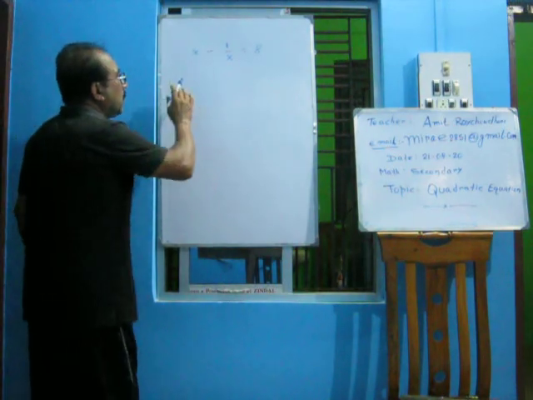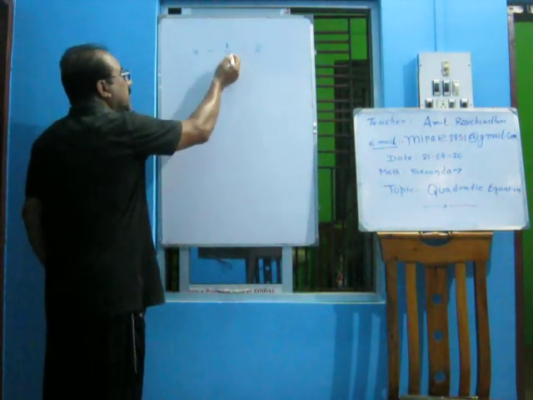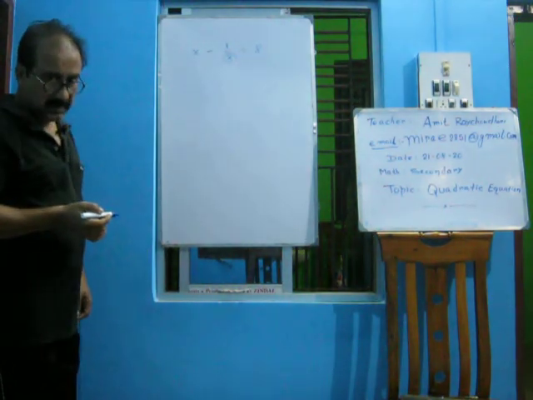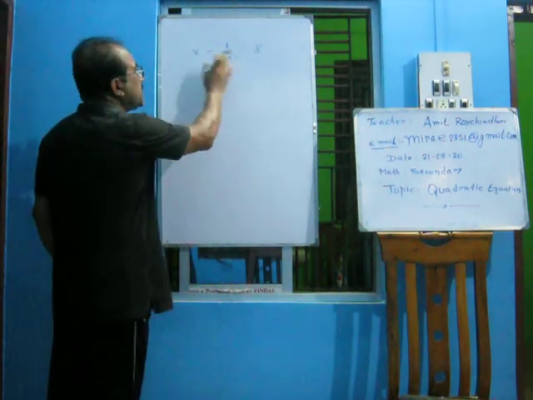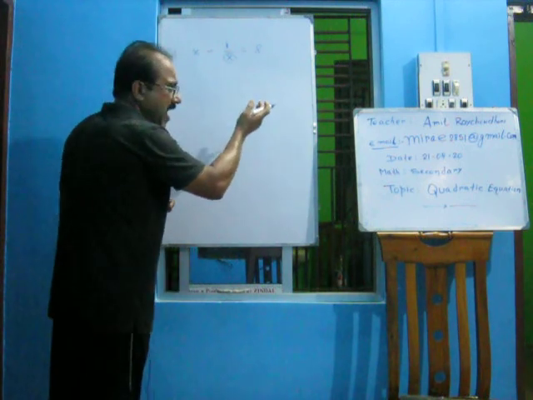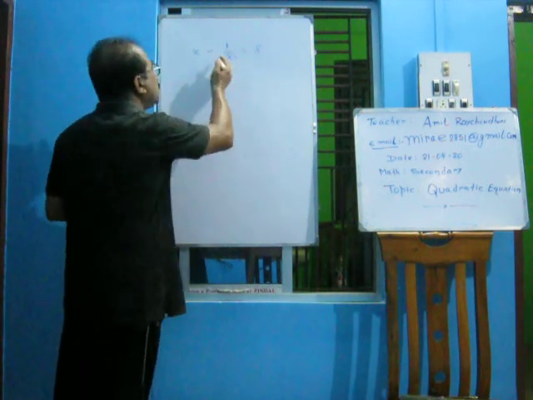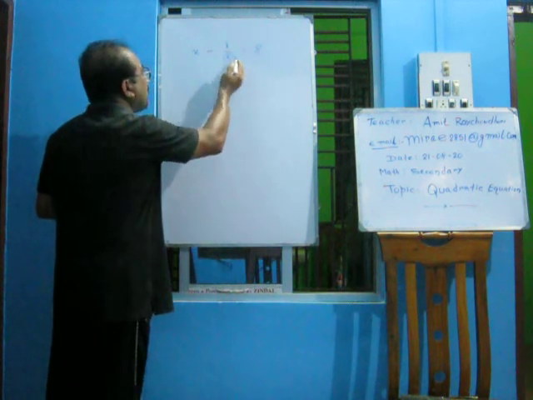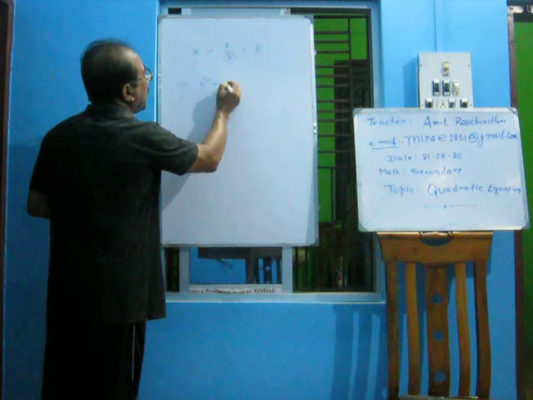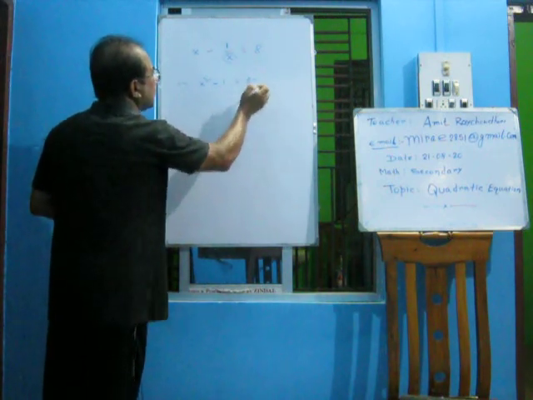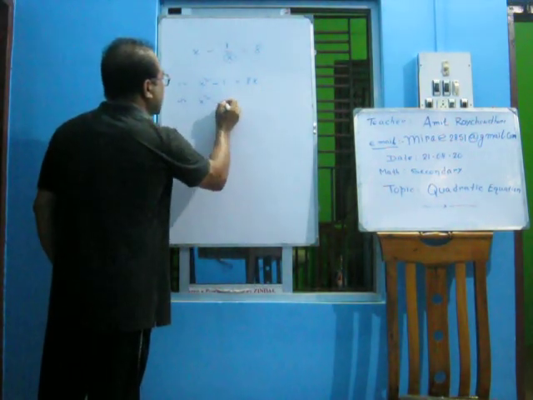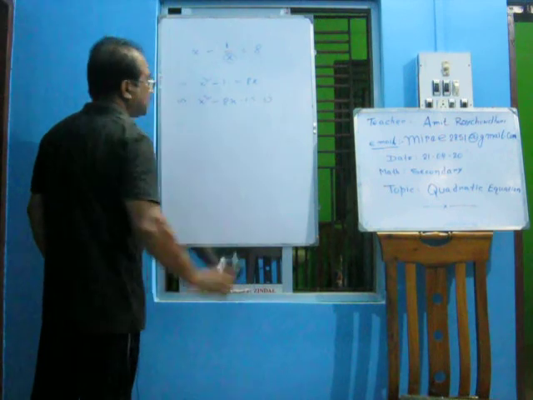This x is giving me trouble. This is an equation, so I can multiply, add or subtract anything on both sides. Multiplying both sides by x, it comes as x square minus 1 equal to 8x, or x square minus 8x minus 1 equal to 0.